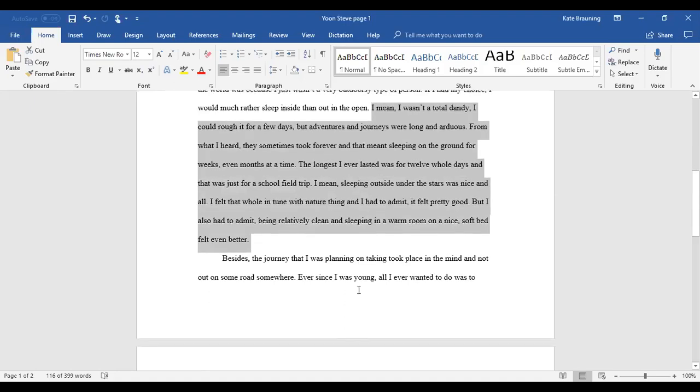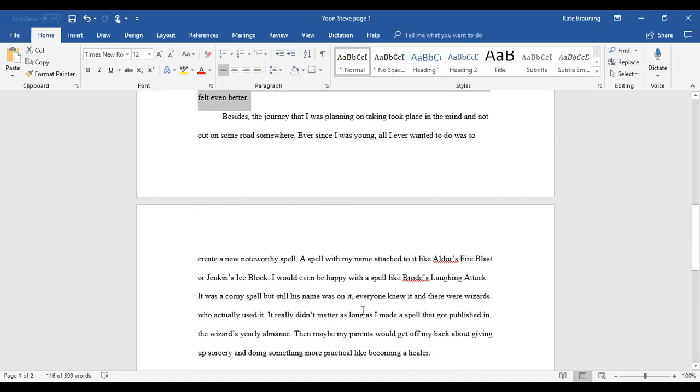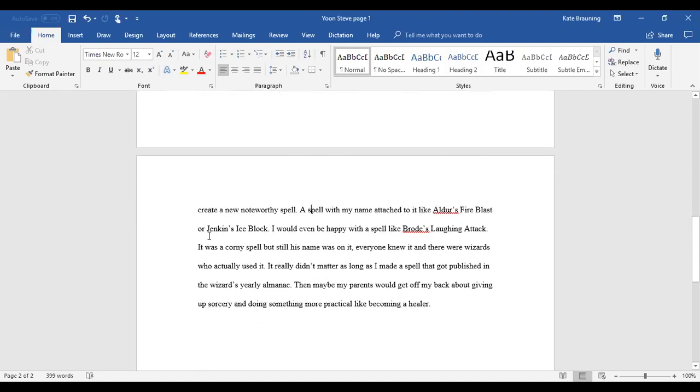You noticed several people commented immediately that towards the end, it really gets going, him wanting to create this noteworthy spell. That's why I included a little bit more than 250 words here, because I wanted you guys to see what came after this tangent: he really wants to create this noteworthy spell, something with his name attached to it.